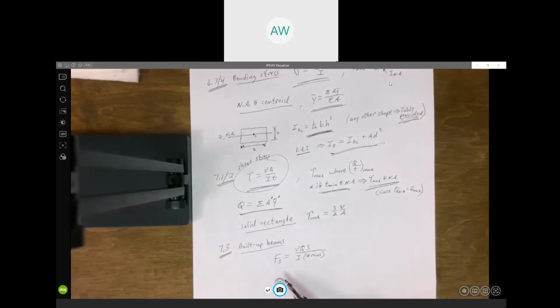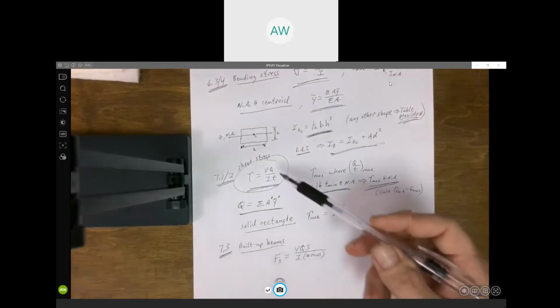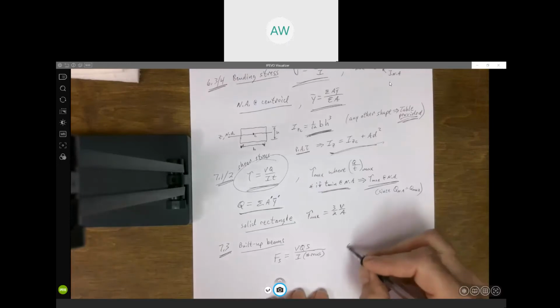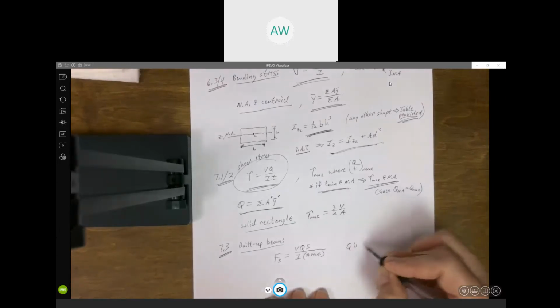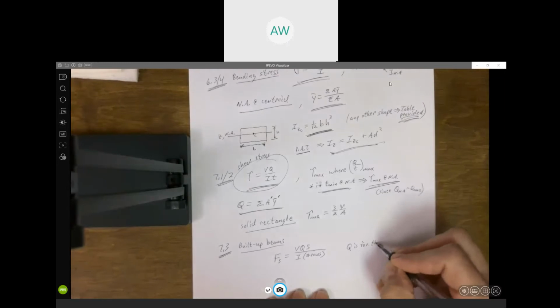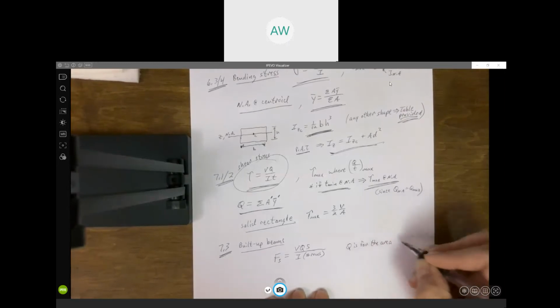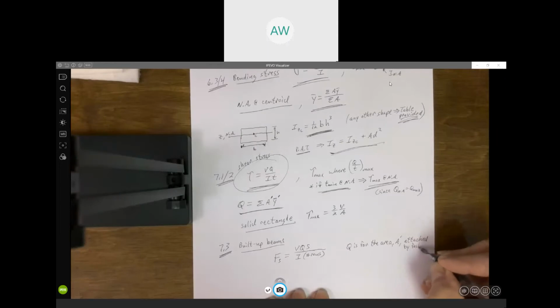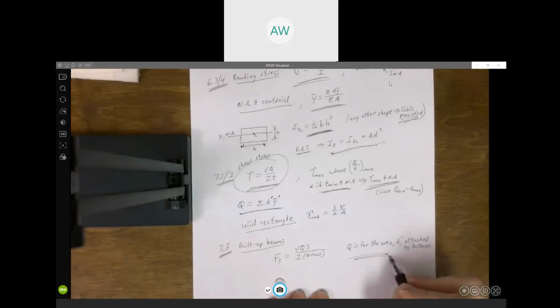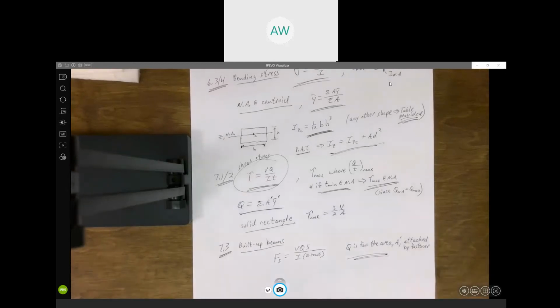Again, the Fs is the shear force on each fastener. V is our internal shear force. Q, same as it was up here in this formula, but remember here, Q is for the area A prime that's attached by the fastener. And so in this formula, that's the Q you're going to use.